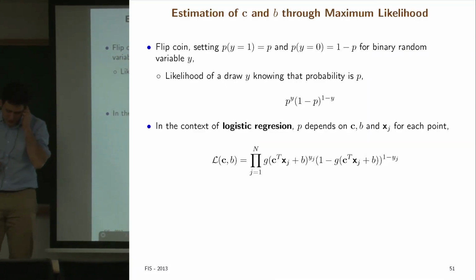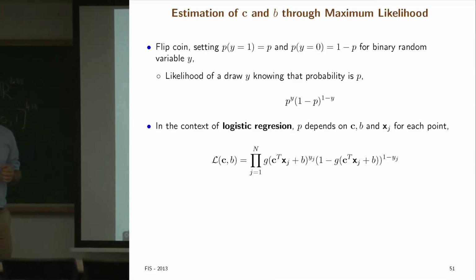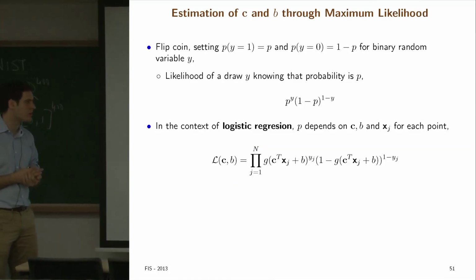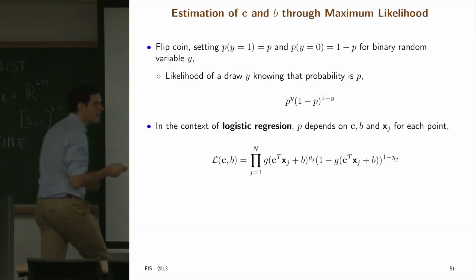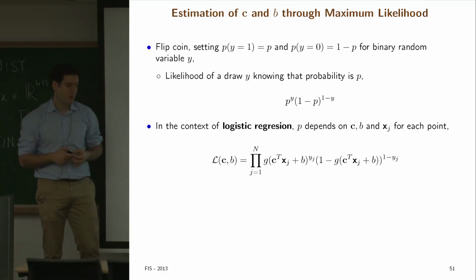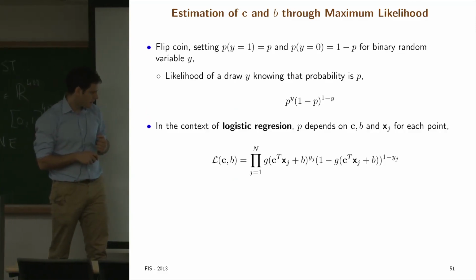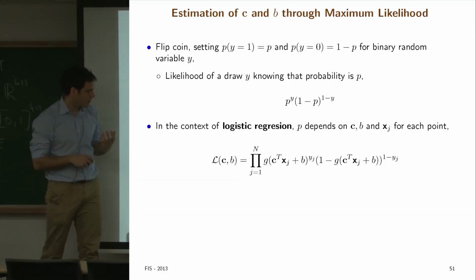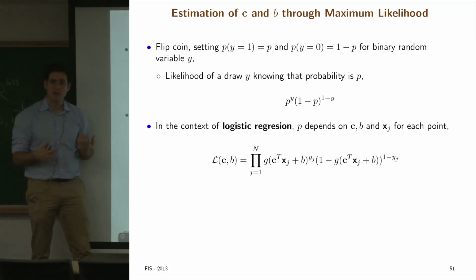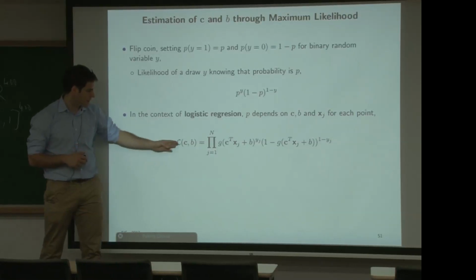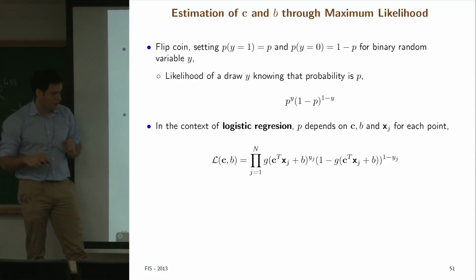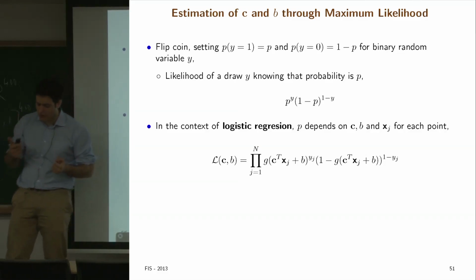So in the context of logistic regression, this probability of having a label y equals 1 or y equals 0 is going to depend on C, B and xj. This is the model that we're going to assume. Given observations, the likelihood that those observations have been generated according to this logistic regression is the product, for each observation, of the probability of having a 1 to the power of yj, times the probability of having a 0 to the power of 1 minus yj.